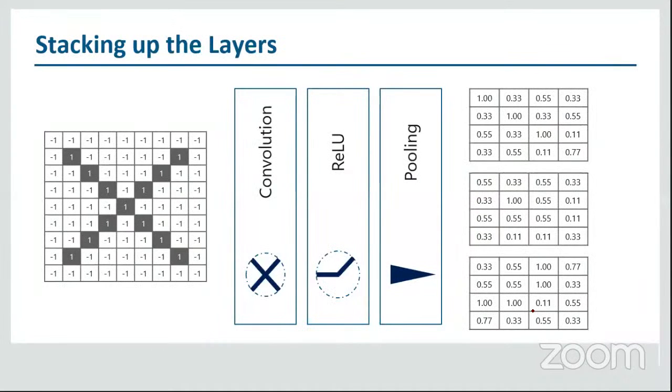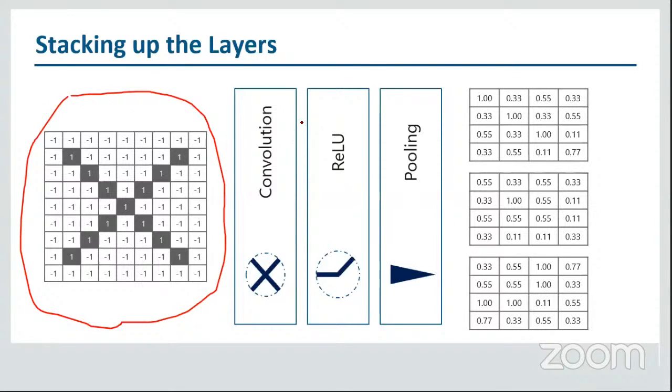Now what I do, this is my original picture. I pass it through convolution, ReLU and pooling. Post pooling, I have the 4 cross 4 matrix values like this.